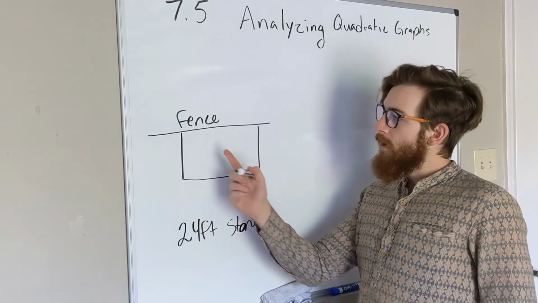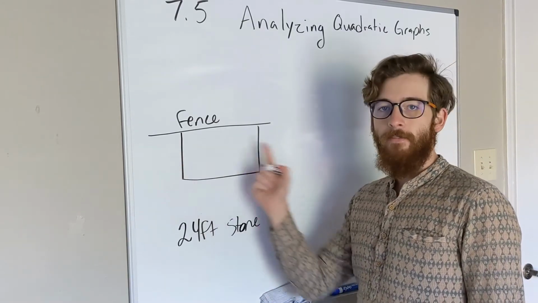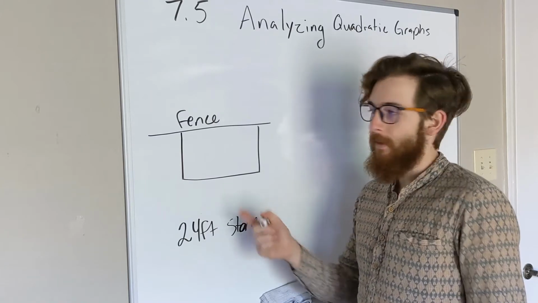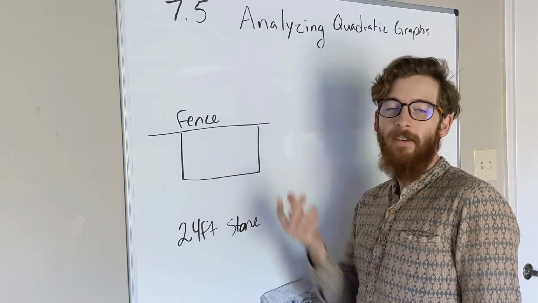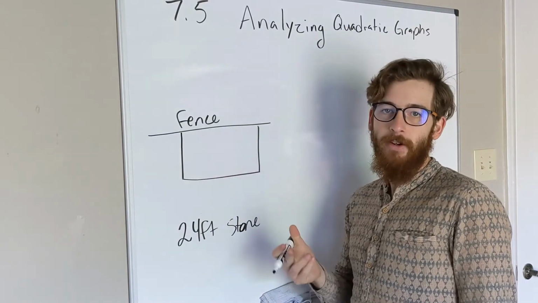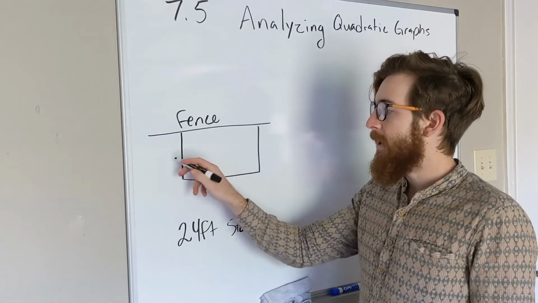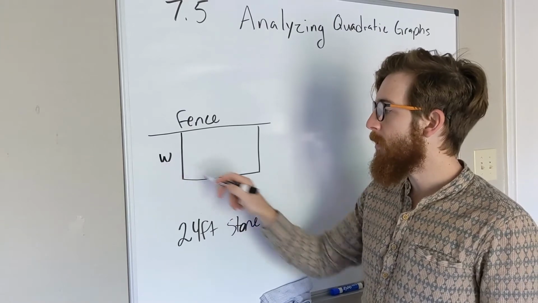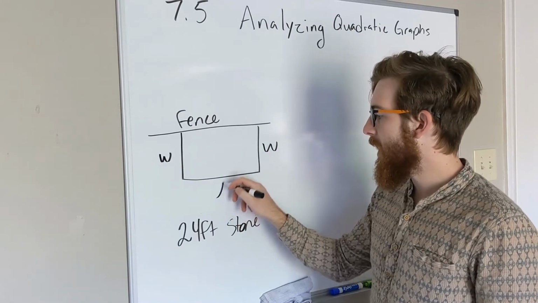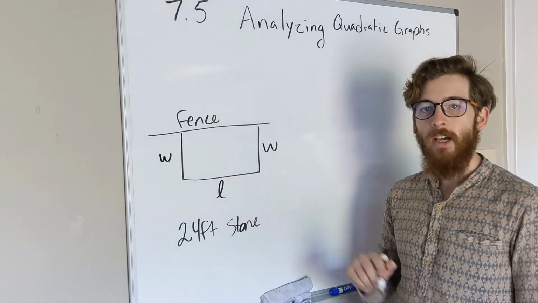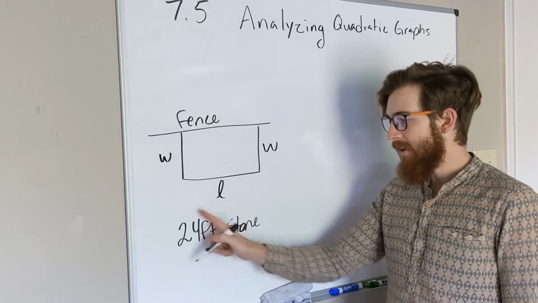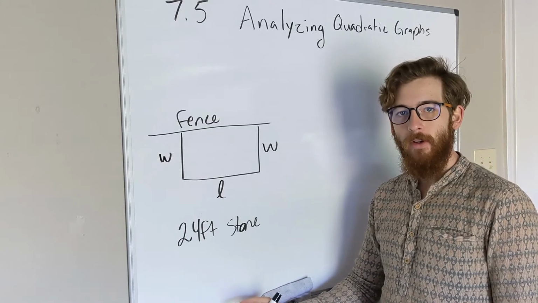Now, what do I know about the sides here? I know the backside doesn't count as part of my 24 because I already have a stone fence here, stone wall, whatever. If I call this W and this W and this L, how is L going to be related to W and this 24?